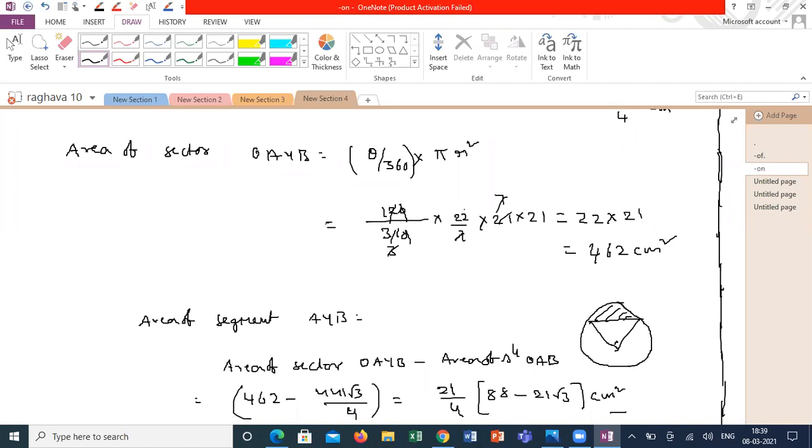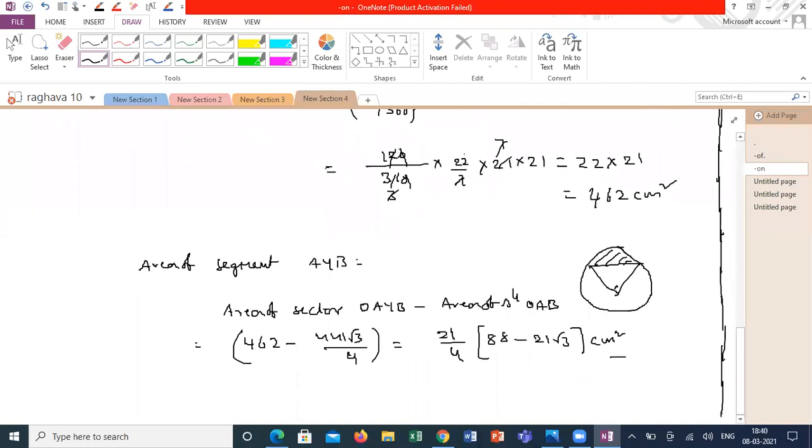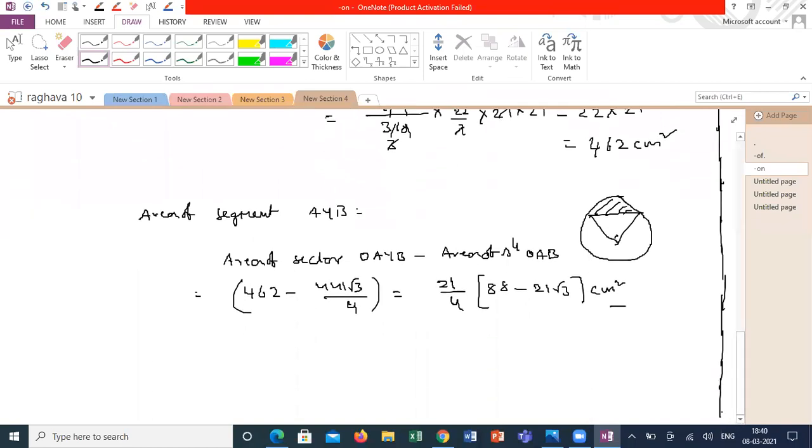Can anyone do the length of the arc AYB? Can you try? Length of the arc AYB. What is the formula, Niranjan? Theta by 360 into 2 pi r.